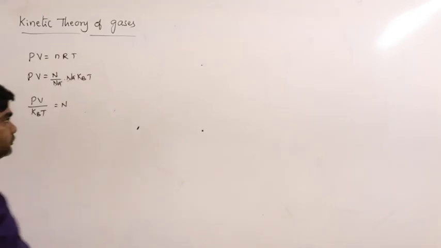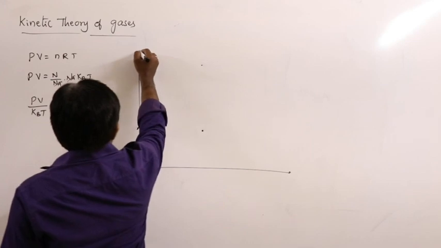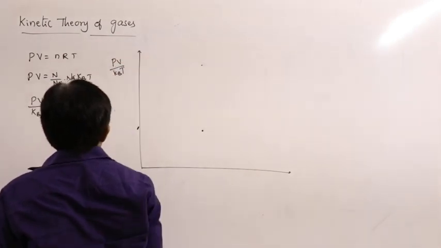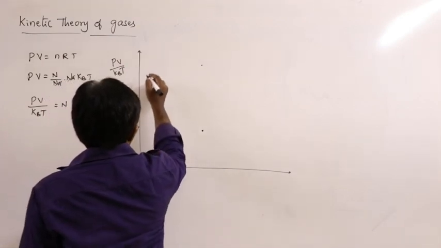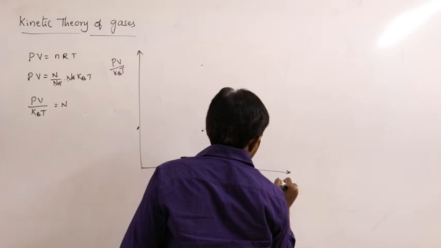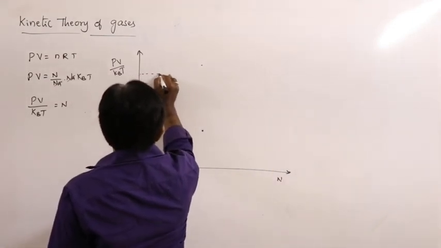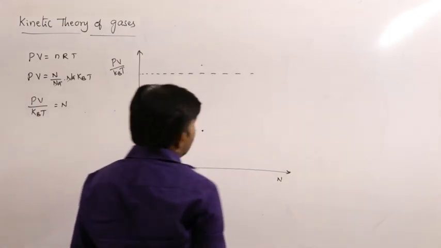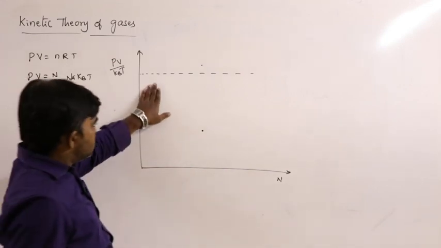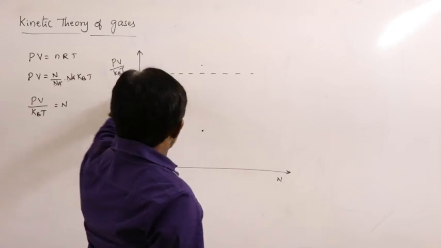So if we draw the graph, let us say this is the shape of the graph. This is PV by KBT, and here it is the number of molecules. This horizontal line indicates the ideal gas behavior. If this is the ideal gas, then it obeys this.